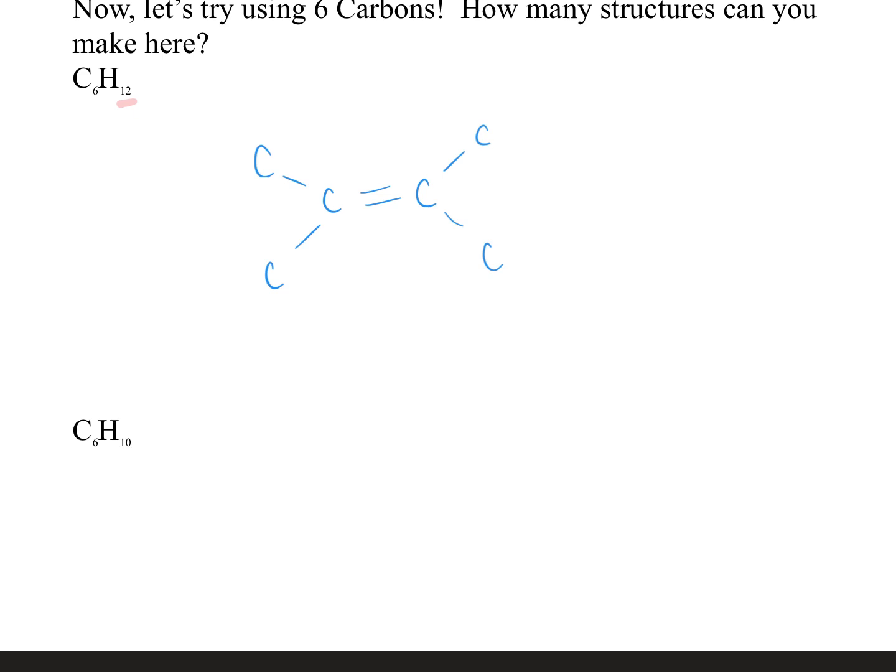Okay, so as we drop down and have 2 fewer hydrogen, then that adds 1 more degree of unsaturation, which means that now we need to have another double bond or another ring, or instead of 2 separate double bonds, we could have 1 triple bond. And so again, any of those will work just fine.